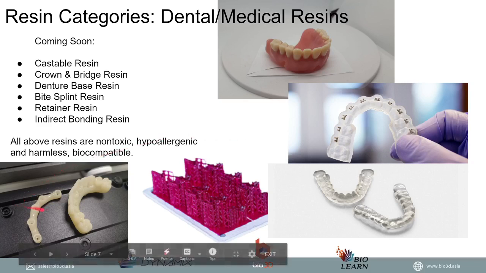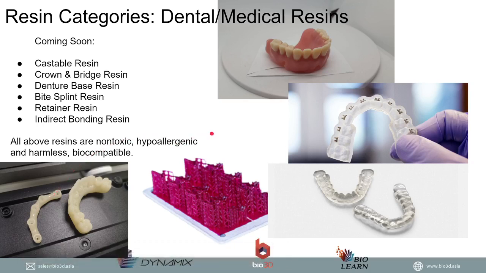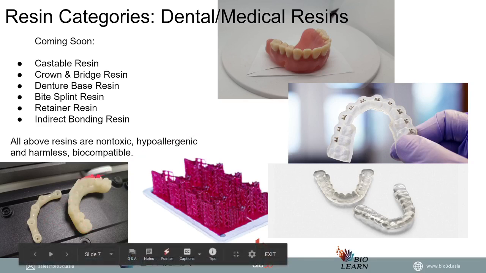Yeah, and so one more thing I'd like to point out is that the crown and bridge resin, for example, you will also be able to use as a bar, for example, a light, long-term, hardy bar. You can also do temporary bridges, as can be seen here. So this is, as you can see, an implant retained bridge.